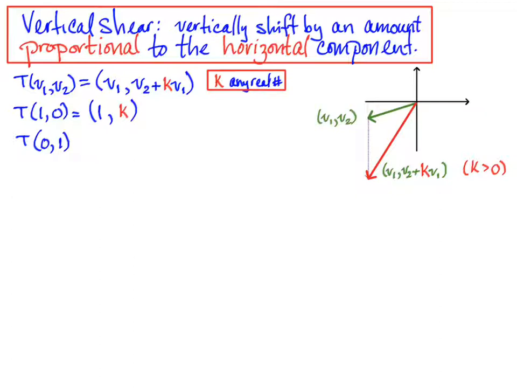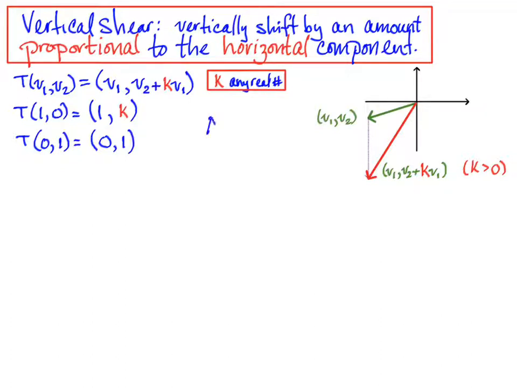The second standard basis vector, 0, 1, what does it go to? So the first component is 0, stays the same. The second component is going to be 1 plus K times 0. So 1 plus 0 is just 1. So the second standard basis vector is a fixed point of a vertical shear.